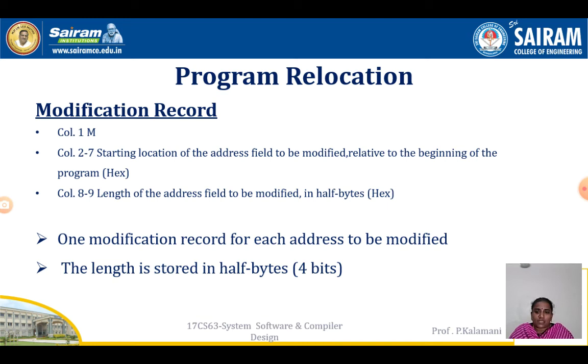And columns 8 to 9 represent the length of the address field to be modified in half bytes, specified as a hexadecimal value. So there is one modification record for each address to be modified. The length is stored in half bytes. Suppose we want to modify 10 addresses in a program, then 10 modification records should be specified. This is the major drawback of using modification records.